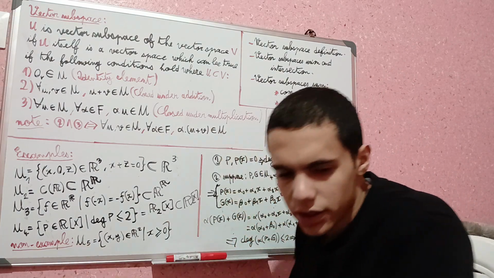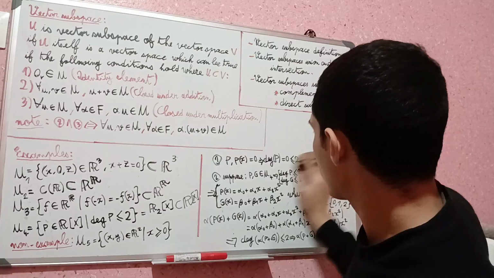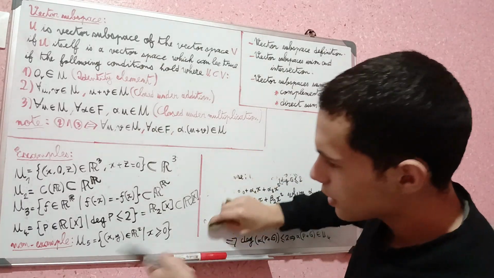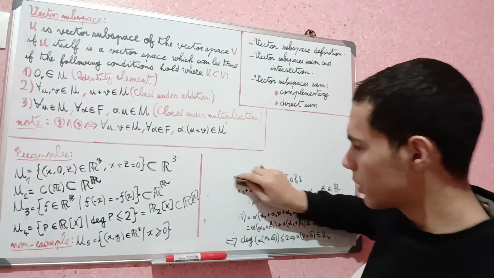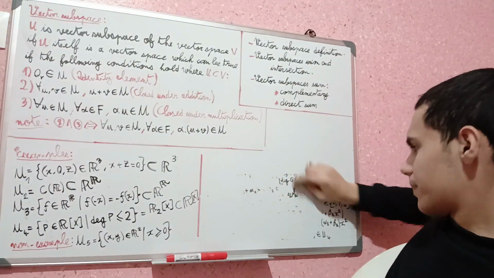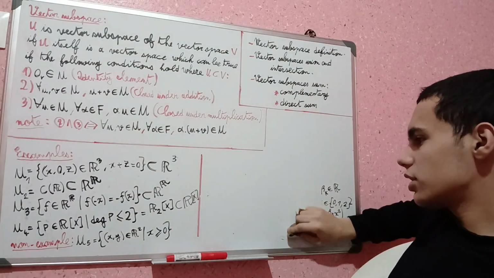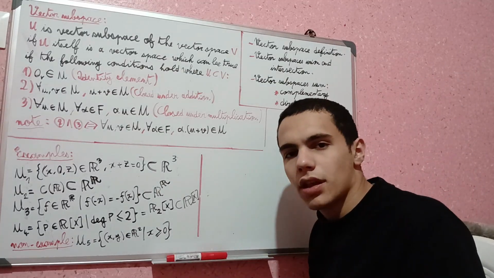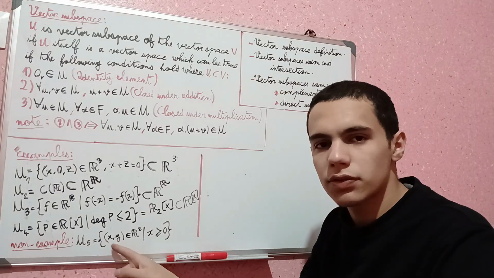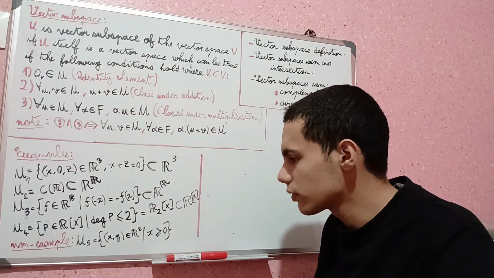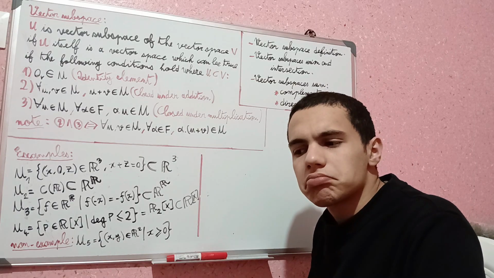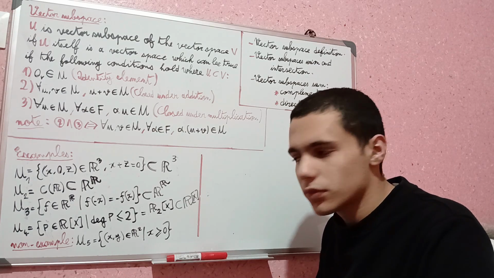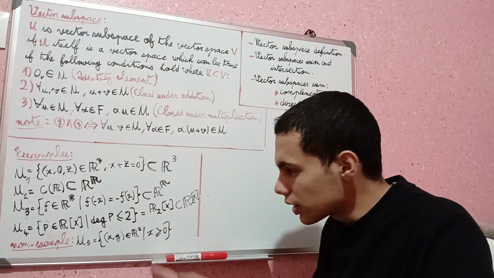Also, this is a non-example. How to prove it's a non-example? Of course, we see that the identity (0, 0) belongs to this, but is it closed under addition? Under addition, it's closed because positive plus positive is also positive. But in multiplication, we can multiply by a negative number, which gives us a negative.